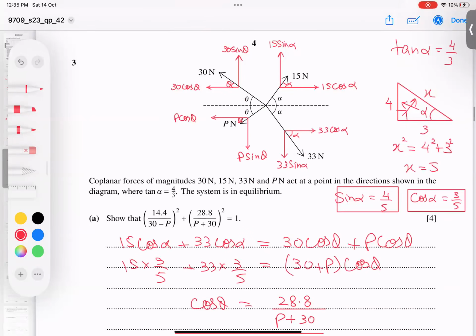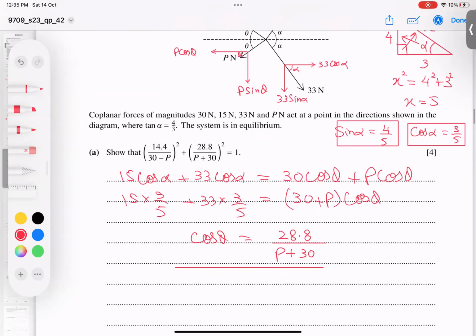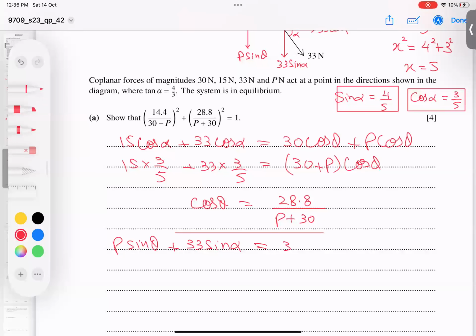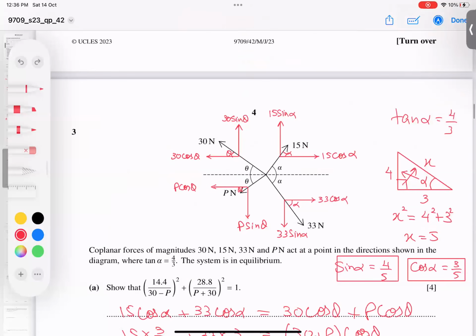I can start from anywhere, but I think I'm starting from here. P sine theta plus 33 sine alpha is equal to 30 sine theta plus 15 sine alpha.